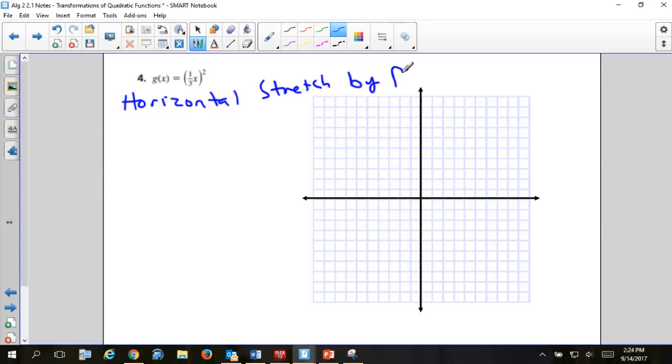And by factor of, so we look and it says 1/3, but we have to write down the opposite. What's the opposite of 1/3? 3. So that's a horizontal stretch by factor of 3. Well, and that's the only thing done to it. So then we have our table.